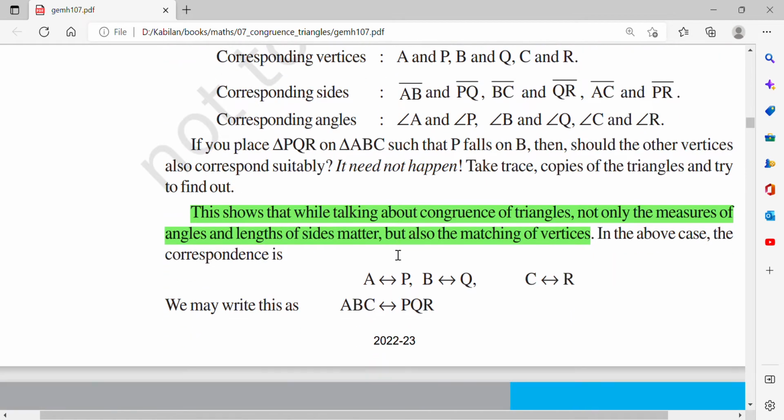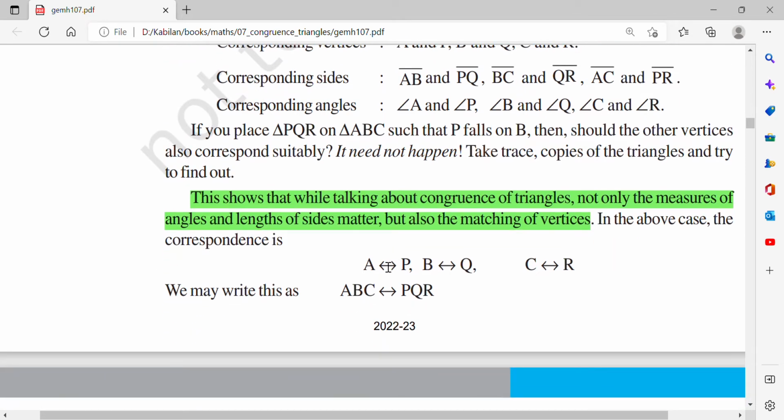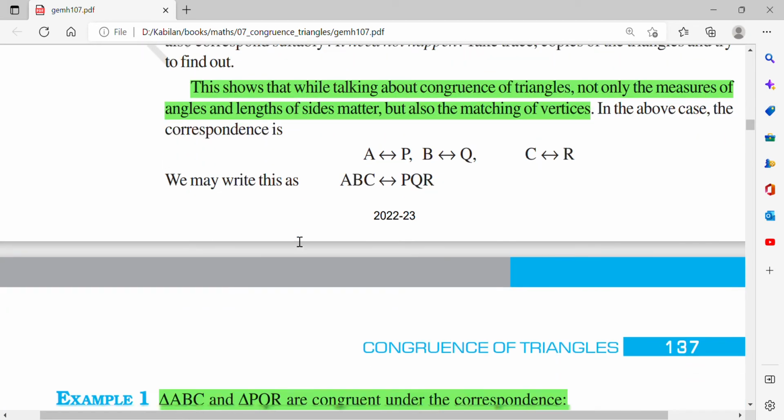When you say correspondence, it is denoted like this: A and P are corresponding vertices. This symbol means corresponds to.